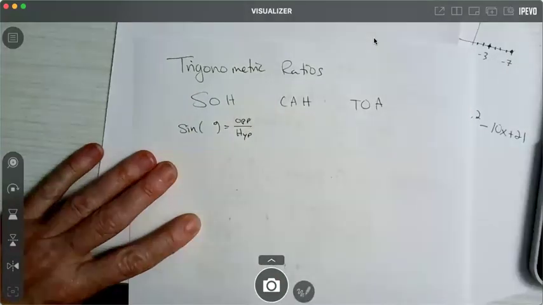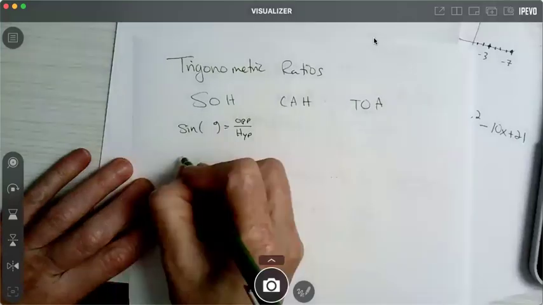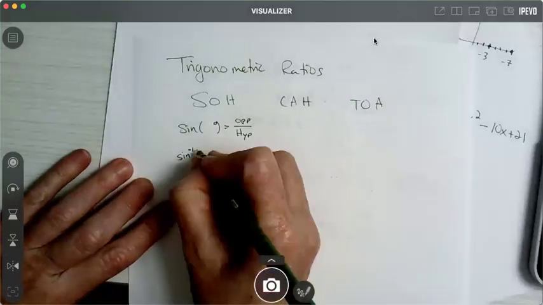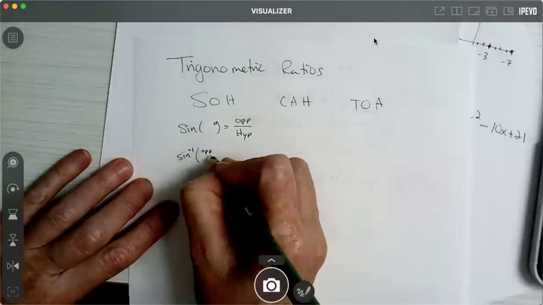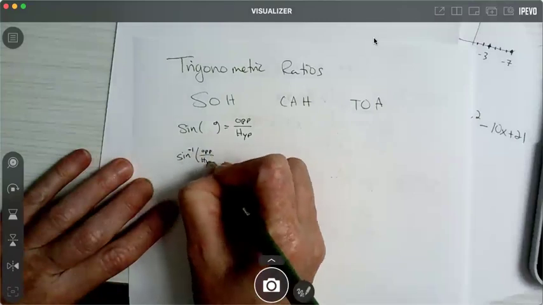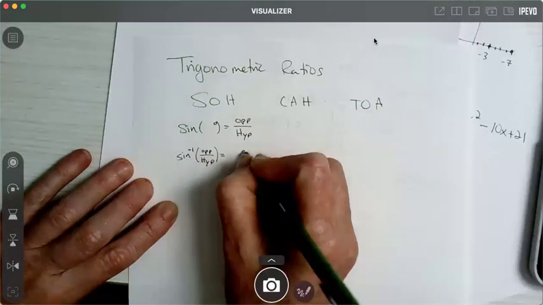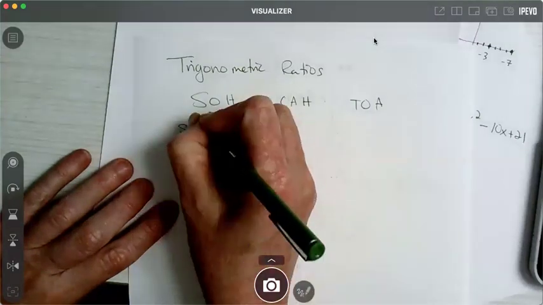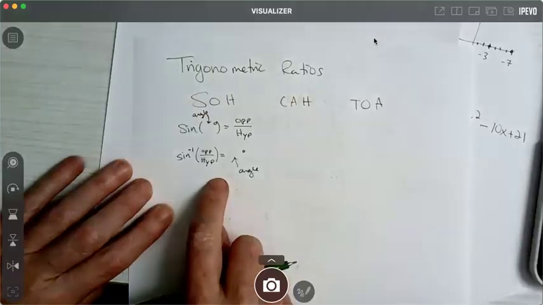And if I ever had the sides but not the angle, I could do the inverse of the opposite over hypotenuse. And this is going to give me some angle, right? If I was looking for an angle. Here I plug in an angle. If I do the inverse, I'm going to get out an angle measure.